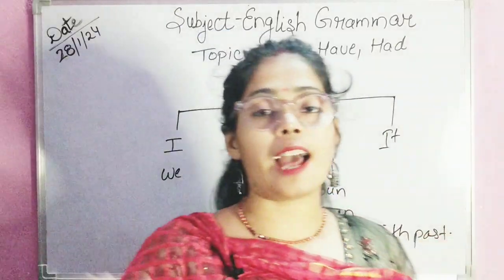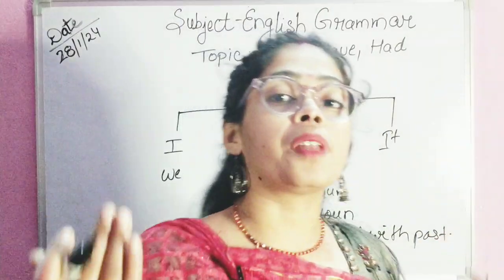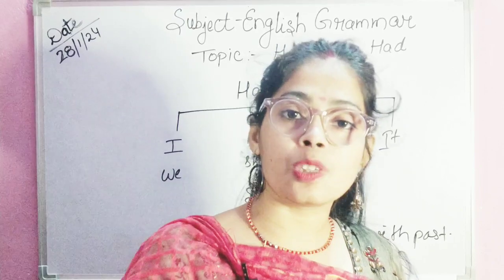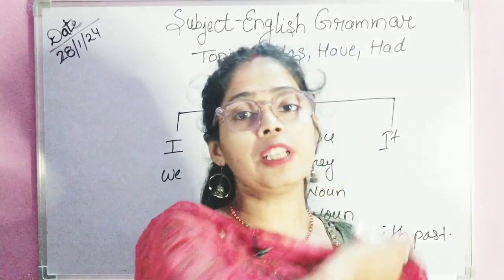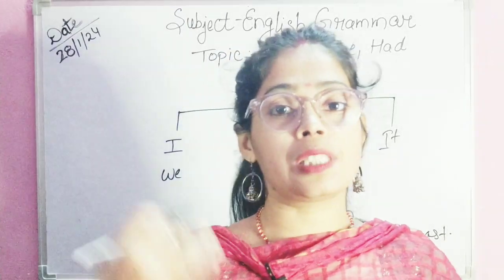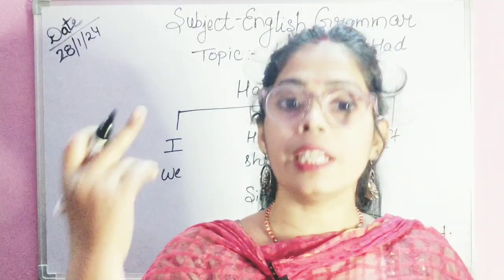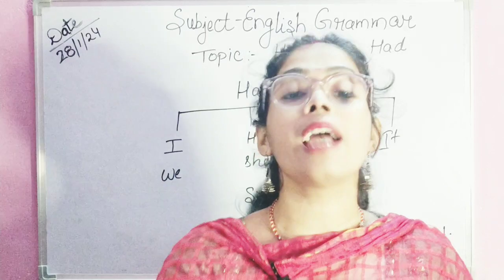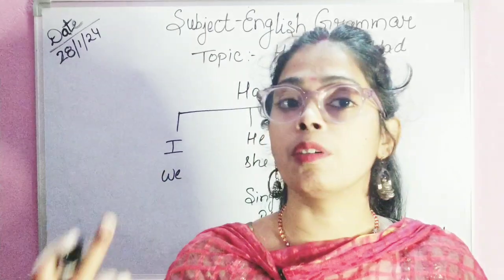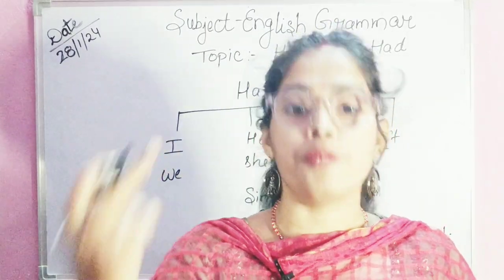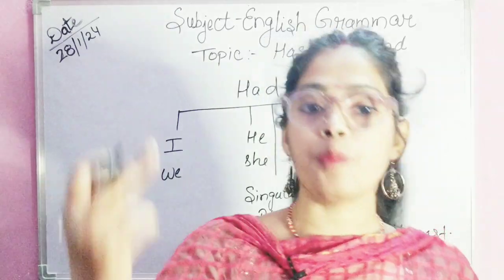Okay, has and have is used with present. Okay, let's repeat it once. Has is always used with singular noun, that is he, she, it, and singular noun. Very good. Have is always used with what? I, we, you, they, and plural noun.